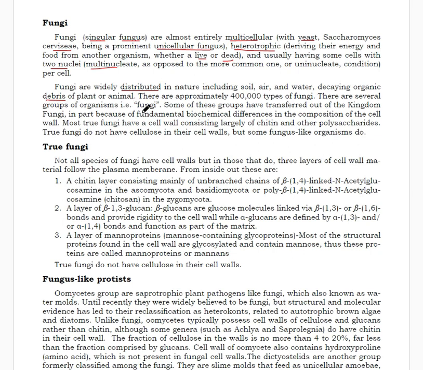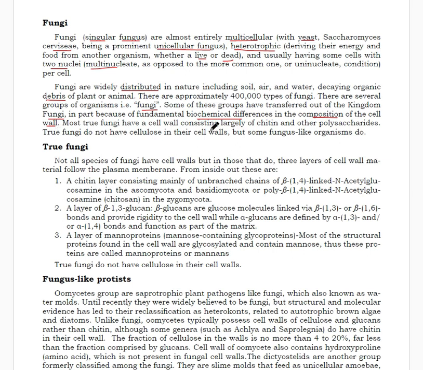There are groups of organisms that have been transferred out of the kingdom fungi, in part because of fundamental biochemical differences in the composition of the cell wall. So they have been given a separate kingdom because their cell wall composition is different from other organisms.